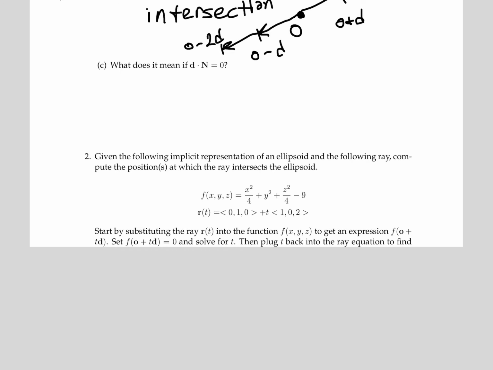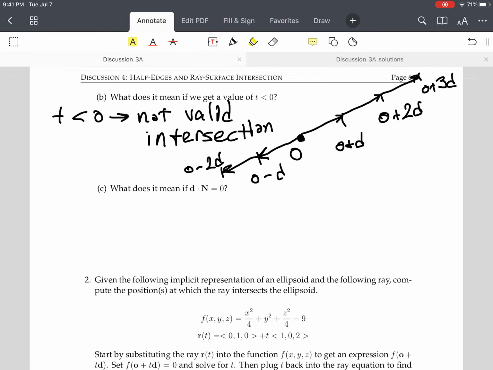And so if the direction of the ray and the normal are perpendicular, well, the normal is already perpendicular to any vector on the plane, right? That's the definition of a normal. And if it's also perpendicular to the direction of the ray, that means either the ray is on the plane, or it's parallel to the plane, right? Those are the only two options.